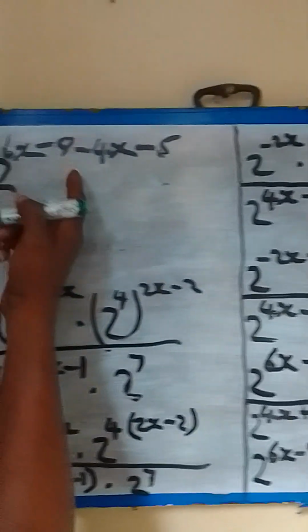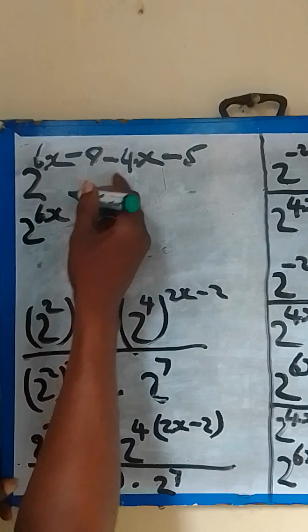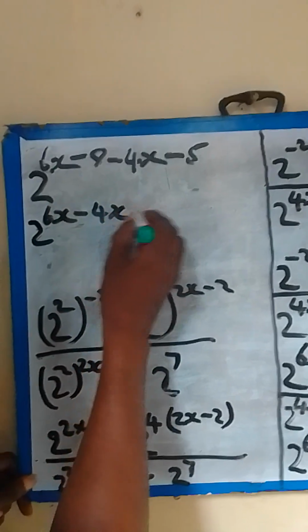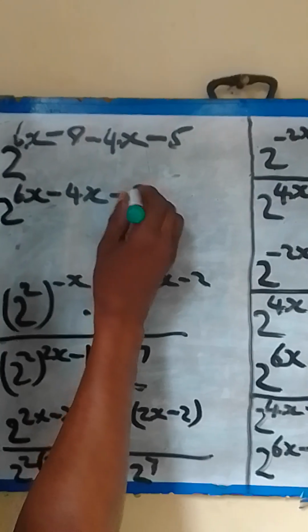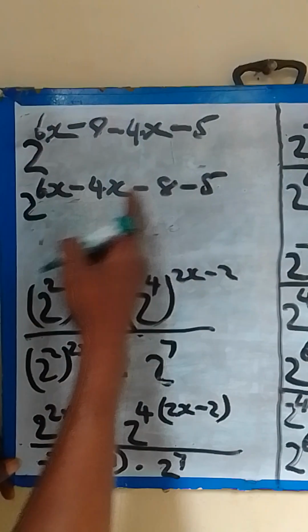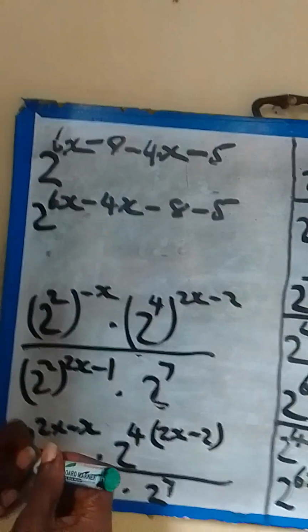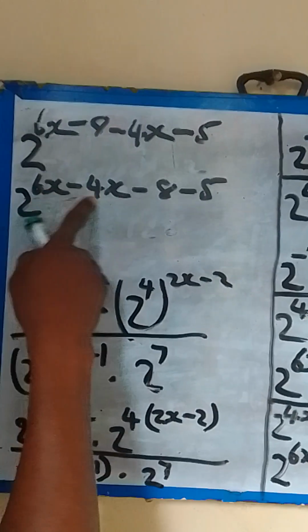In this case now, you collect like terms. This is the same thing as saying 2 raised to power 6x minus 4x minus 8 minus 5. So now we have collected like terms here. So 6x minus 4x. When two numbers of different sign come together, you subtract the small number from the bigger.